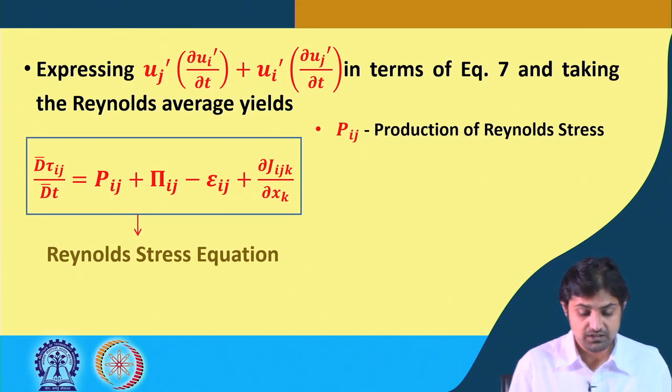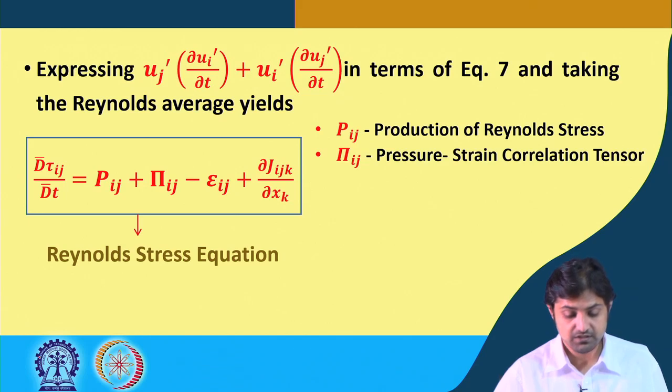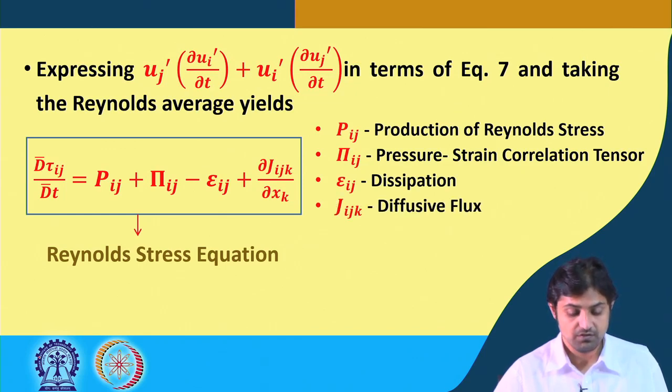where Pij is called the production of Reynolds stress, pi ij is the pressure strain correlation tensor, epsilon ij is the dissipation, and Jijk is the diffusive flux. You can try to do this at home, but the derivation of this is outside the scope of the current course.